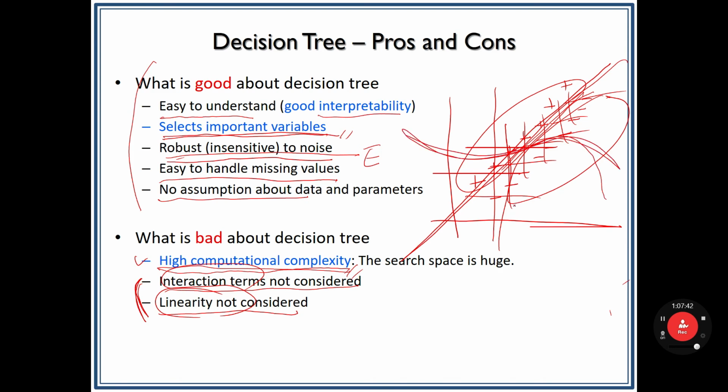So this kind of example is quite an easy problem for logistic regression, but it is a difficult problem for a decision tree. So that is the bad thing about decision trees.